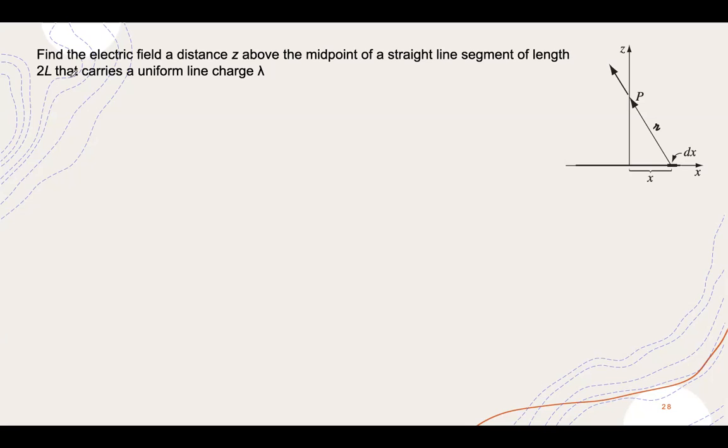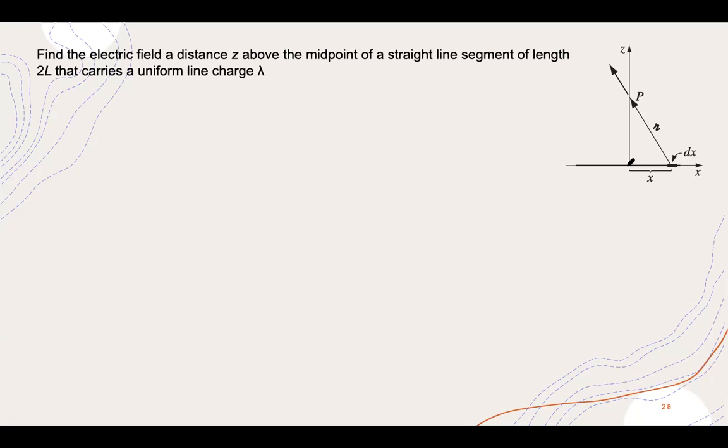So it is given a line segment, which you can see here, of length 2L, and it carries a uniform line charge lambda. Now we have to find the electric field at distance z above the midpoint of the straight line segment. Okay, so this is a straight line.